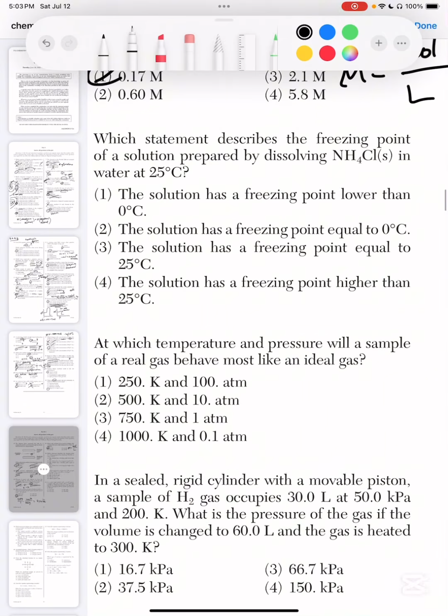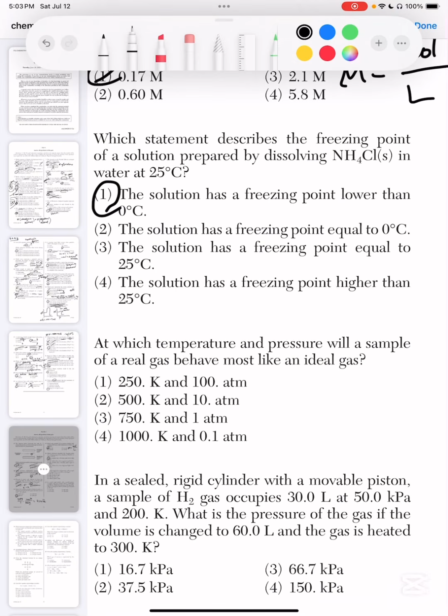Which statement describes the freezing point of a solution prepared by dissolving ammonium chloride in water at 25 degrees Celsius? So when you dissolve a solute into a solution, the freezing point decreases, right? So it would have a freezing point lower than 0 degrees.